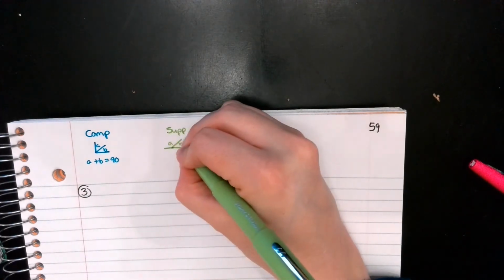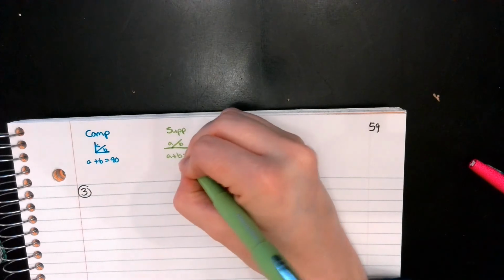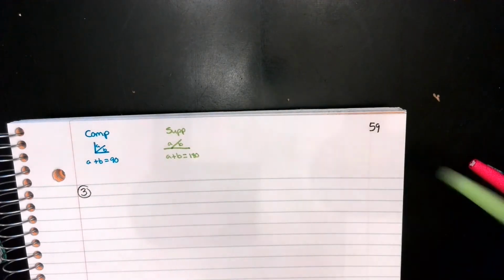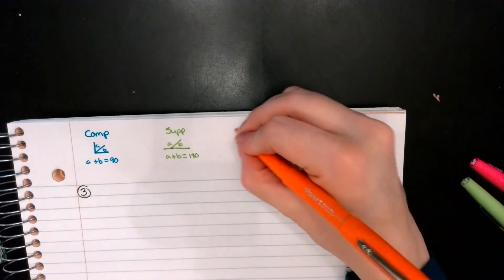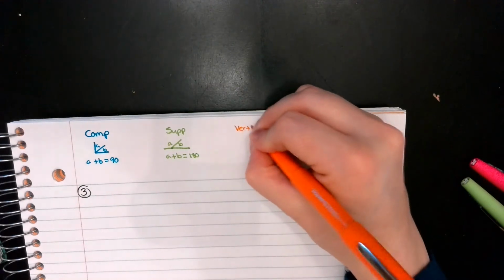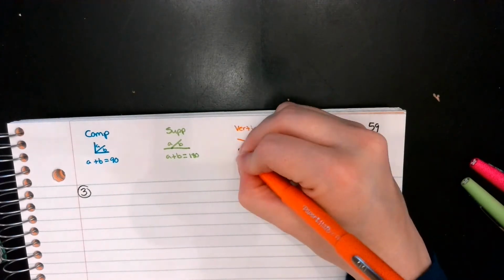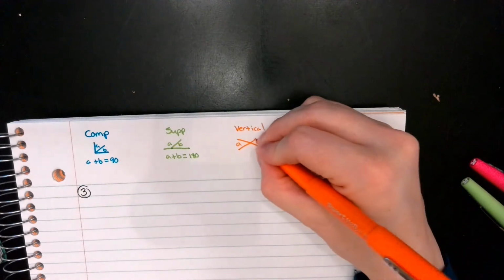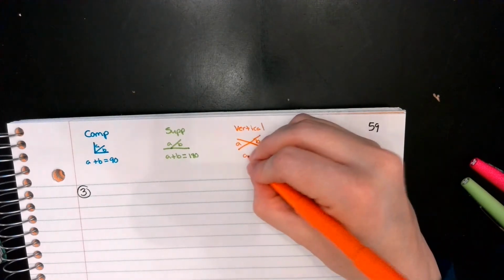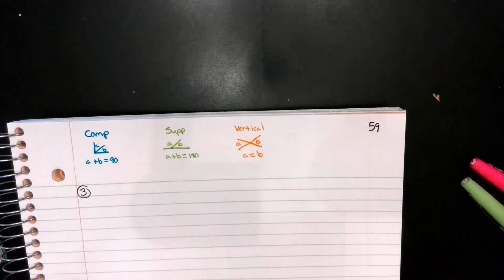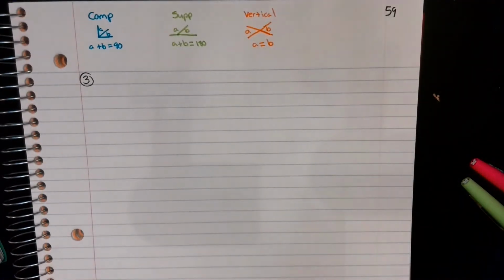You've got A and B, where you add A and B together and it equals 180. And that our vertical angle relationship is where we have those intersecting lines. And that A would be equal to B. Okay, so I'm just real quickly putting those there so that way I don't have to keep flipping back and forth.